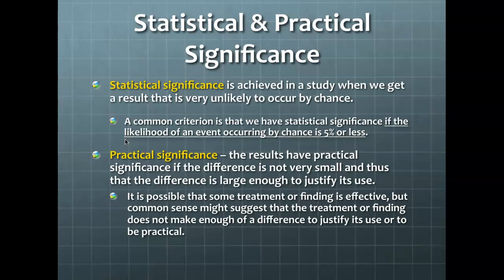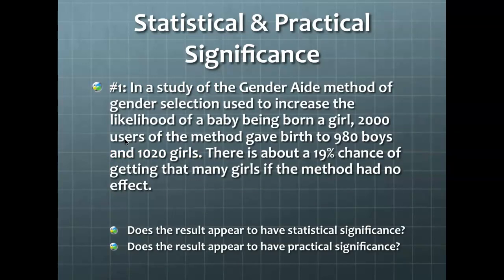It's possible that some treatment or finding is effective, but common sense might suggest that the treatment or finding does not make enough of a difference to justify its use or to be practical. Let's do the checkup. Question number 1. In a study of the Gender Aid method of gender selection used to increase the likelihood of a baby being born a girl, 2,000 users of the method gave birth to 980 boys and 1,020 girls.